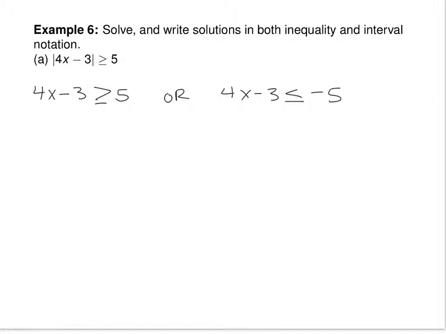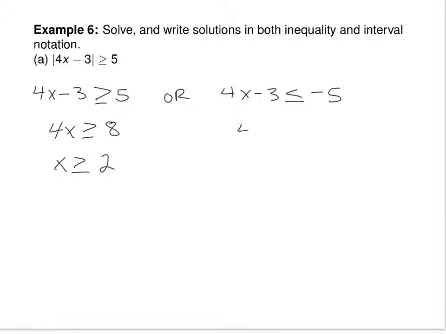All right, so add the 3. You get 4x is greater than or equal to 8. Great. X is bigger than or equal to 2.